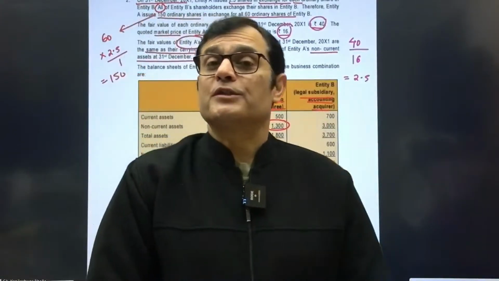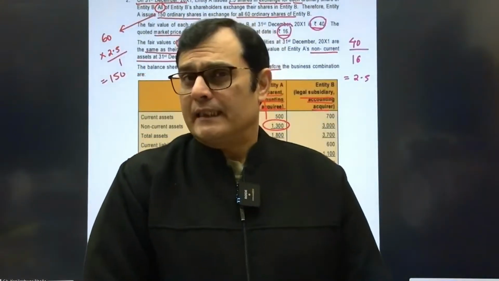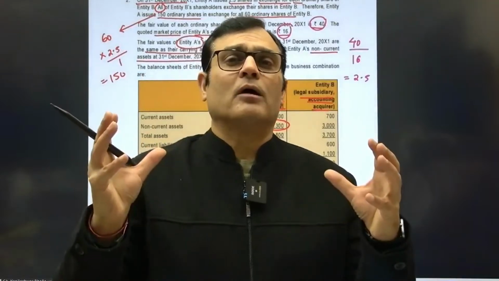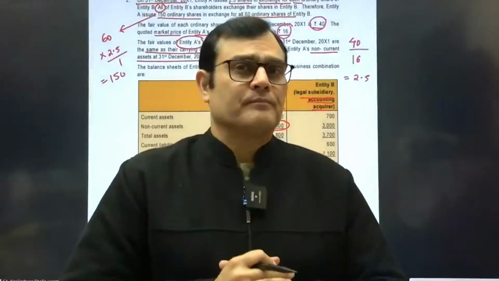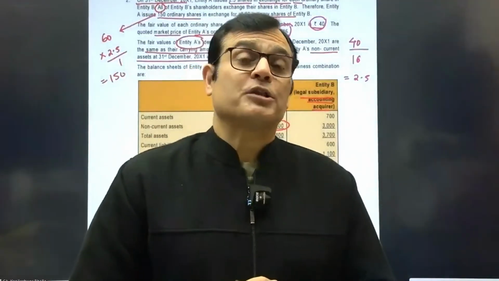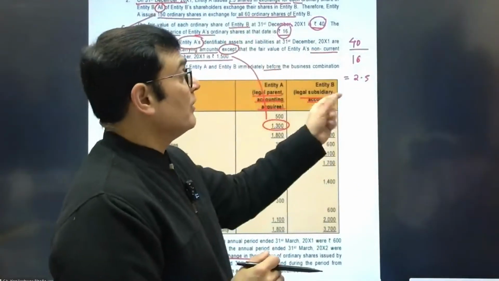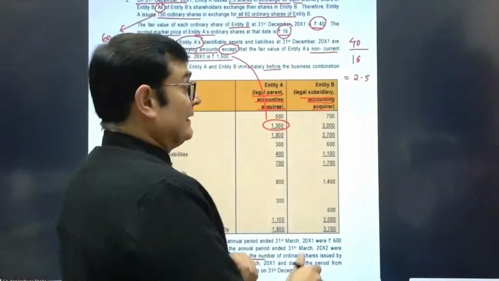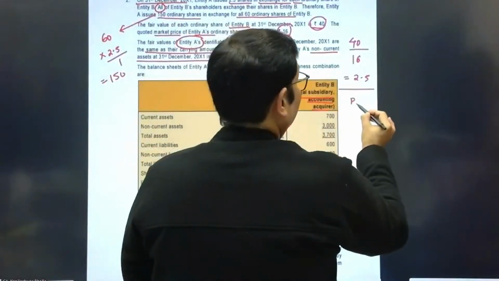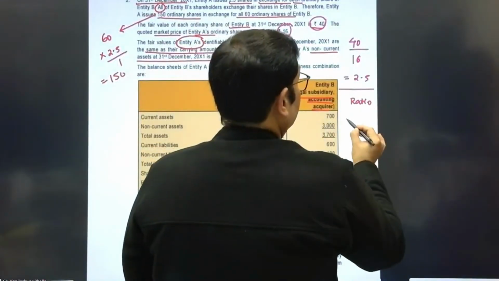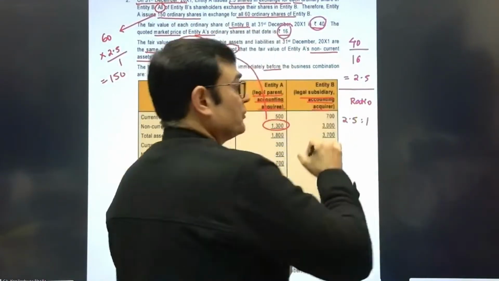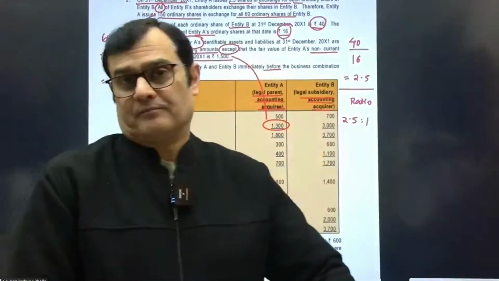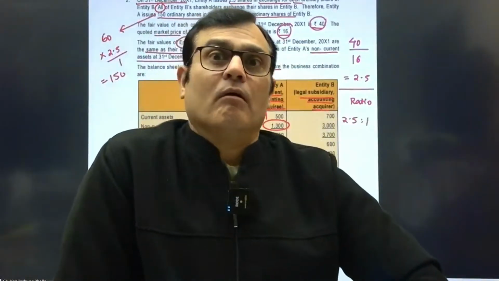The exchange ratio is also 2.5 times. Naturally, B will say, boss, I'm more powerful than you. He will tell A that your share is 16, my share is 40, so my share is 2.5 times your share. And that is the reason that when you get the exchange ratio, they decided to issue 2.5 shares for every one share.